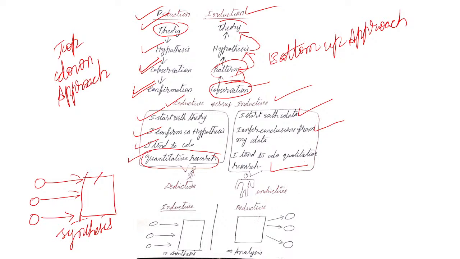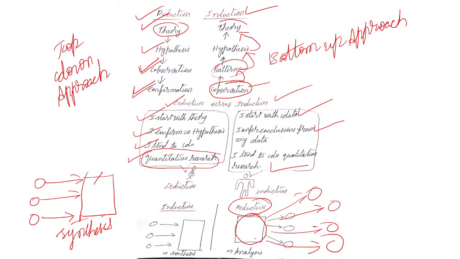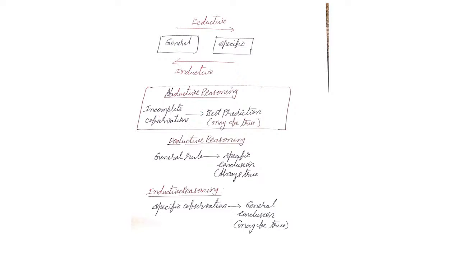In deductive, this is a theory, and from this theory we make observations. This is analysis. Deductive reasoning does analysis, whereas inductive reasoning does synthesis. Deductive reasoning is general to specific, whereas inductive reasoning is specific to general. Both are opposite to each other.